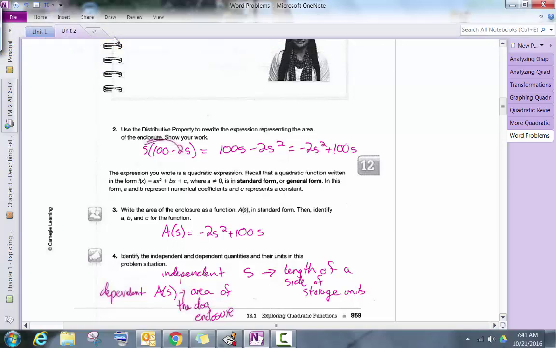A is the name of our function, S is our variable, so we use S here. Now what I forgot to do is label a, b, and c. a is negative 2, b is 100, and c, well, there is no number by itself, so it's actually 0, and that's fine.